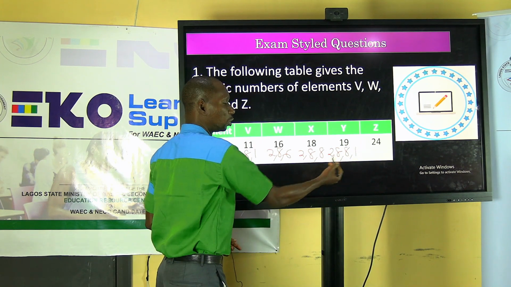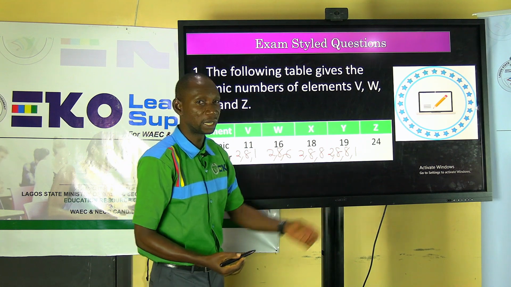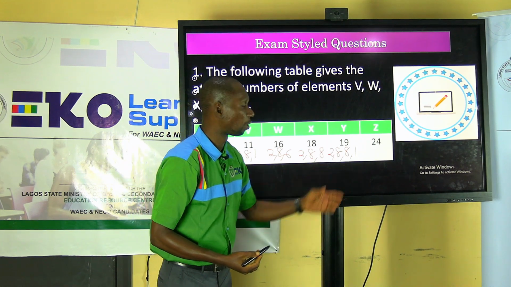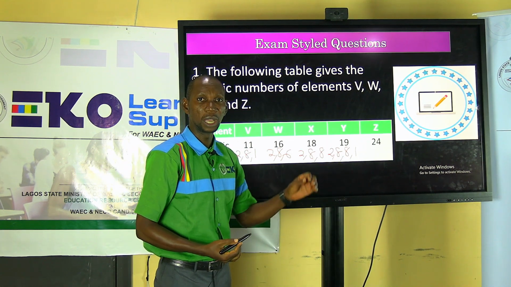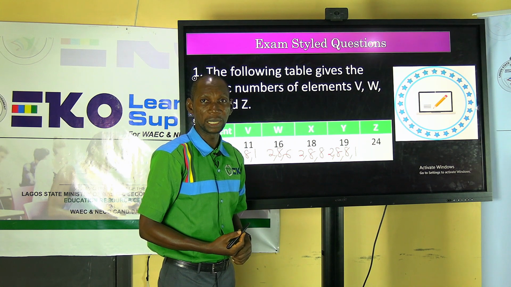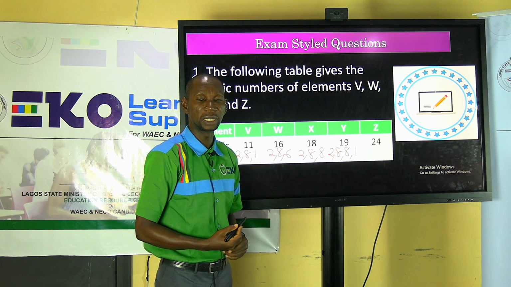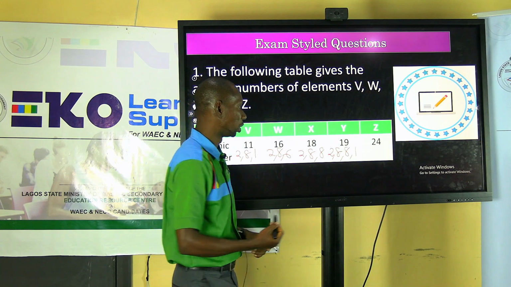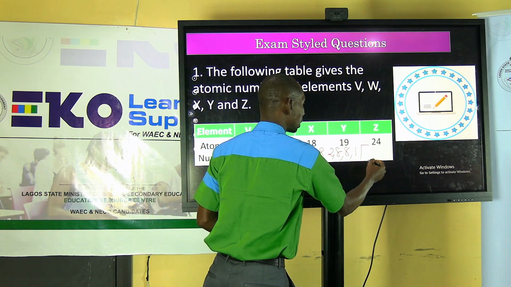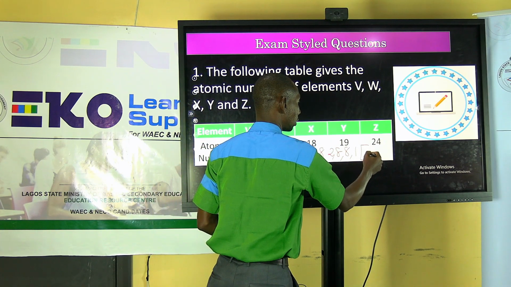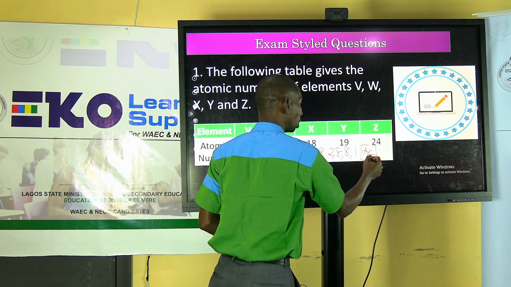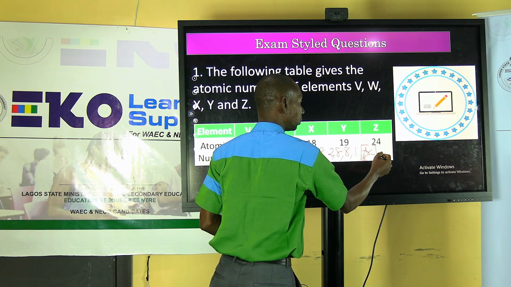Now, we will not be able to use this notation to write the electron configuration of Z, because that falls among the transition metals. You can see the atomic number is 24. It has gone beyond the first 20 elements. But what we know for sure is that the last noble gas for this element is argon with atomic number 18.